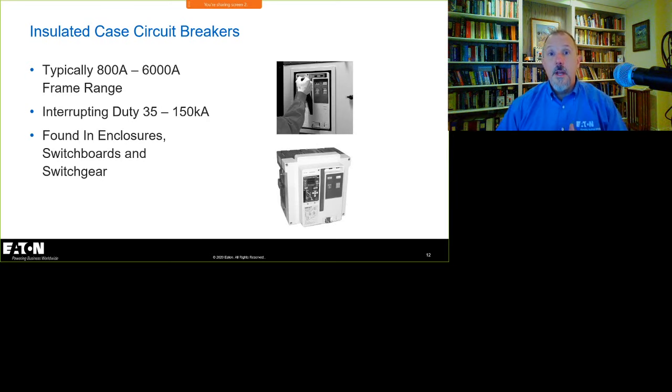This is another important piece of the pie. You have to understand where these breakers go. I always call it wrapping steel around the breaker. I don't just take a circuit breaker and slap it on a wall. I have to put this breaker in an enclosure, and all manufacturers will tell you what breakers can go into which pieces of equipment, which you have to think about in the design phase.